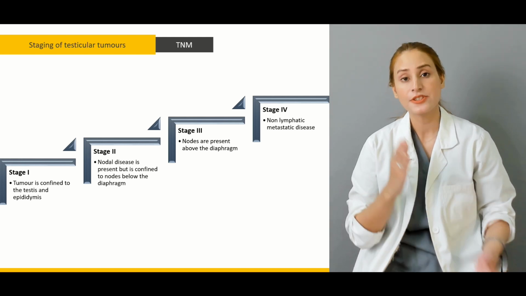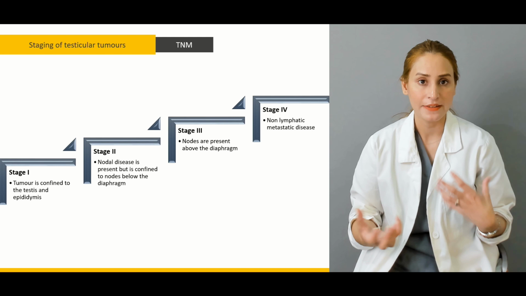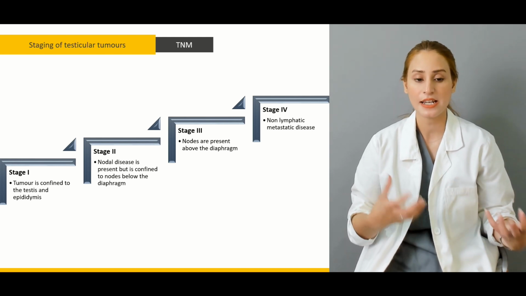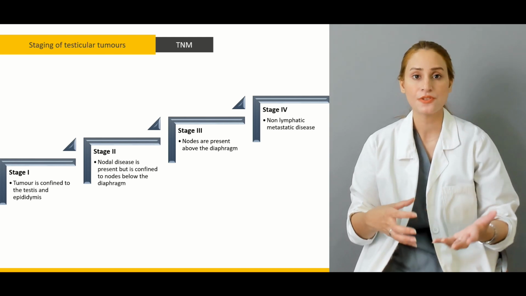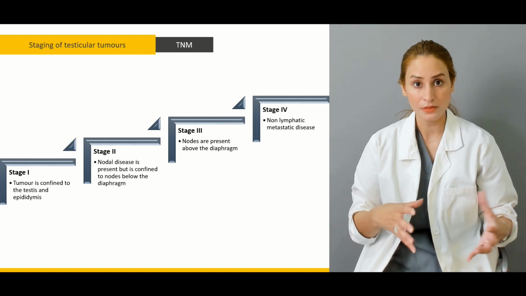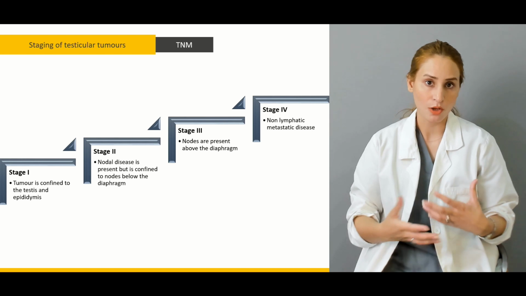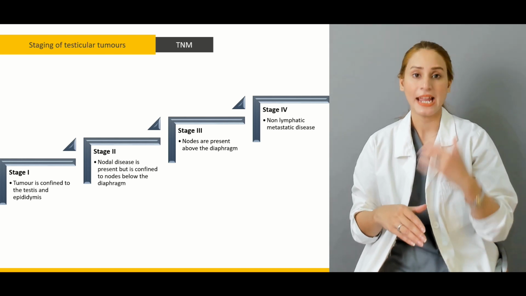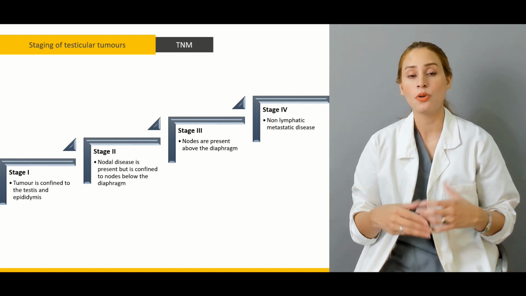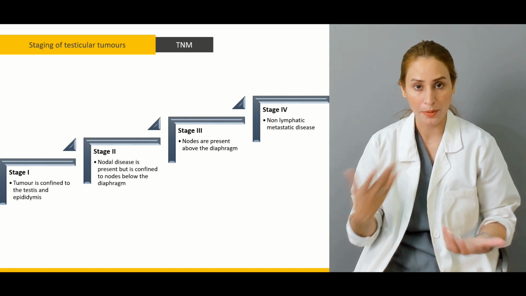So stage 1 tumors are local, confined to the testes and epididymis. Stage 2 tumors are nodal: nodal status is positive, and the nodes involved are just below the diaphragm. In stage 3 tumors, the nodes involved are above the diaphragm.